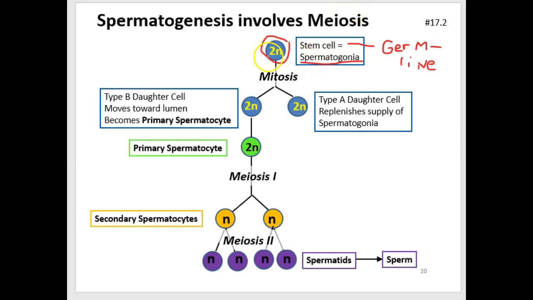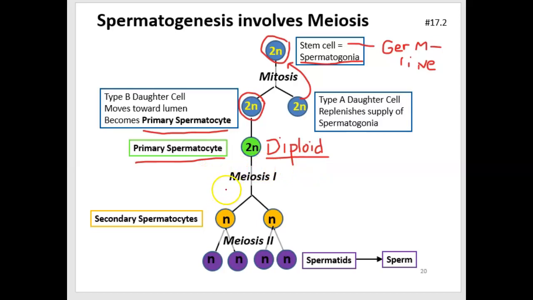It can divide, and when it divides, one of the daughter cells will replenish the number of stem cells, but the other daughter cell is called a primary spermatocyte. That is also diploid, because mitosis is the only thing that happened. So a primary spermatocyte originates through mitosis and then differentiation, and it's diploid.